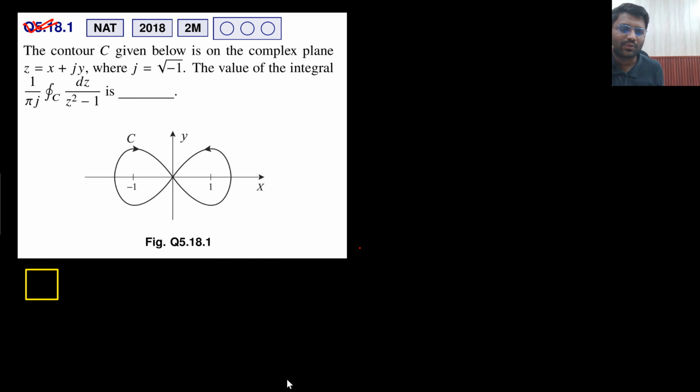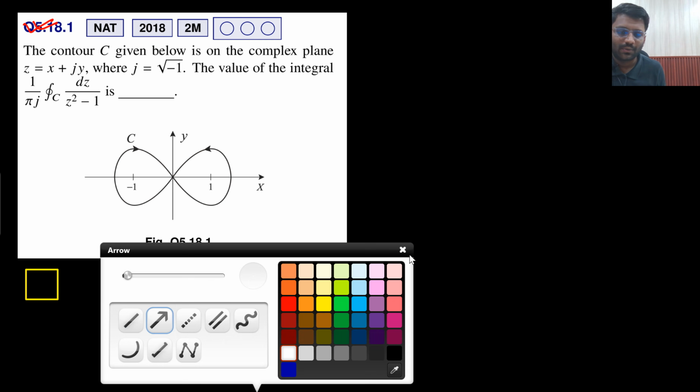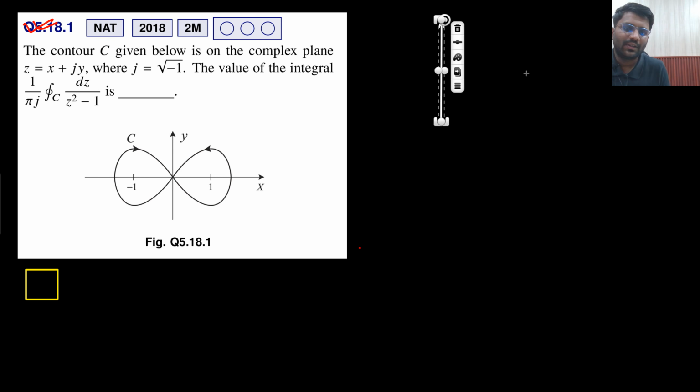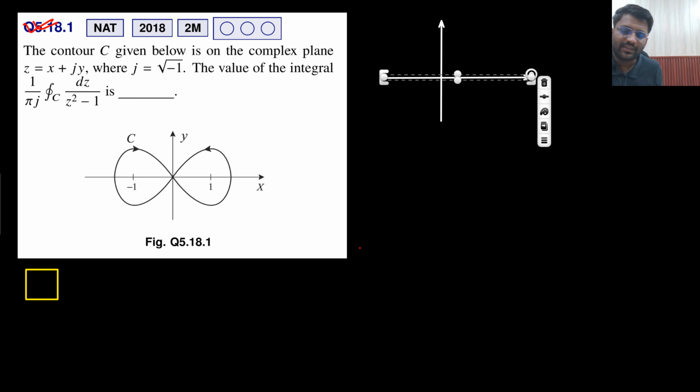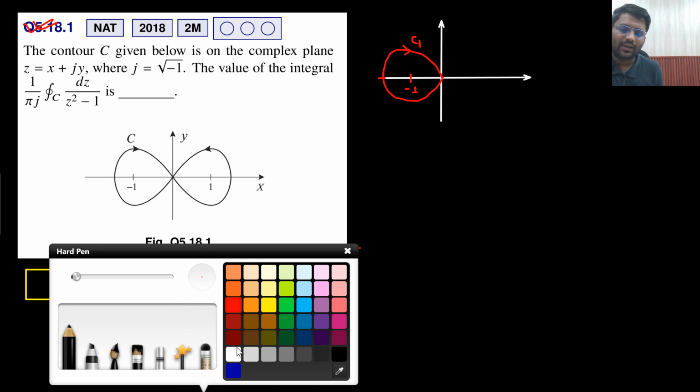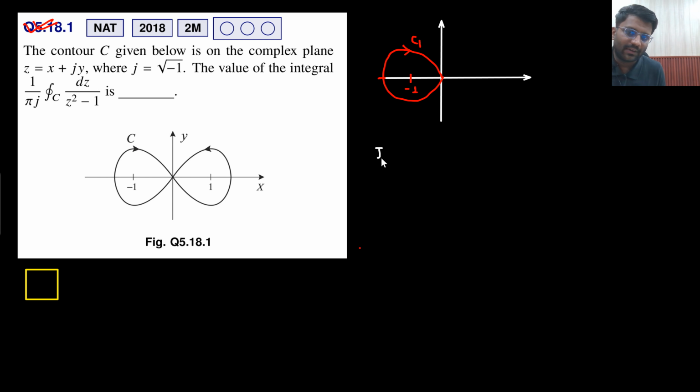I will solve two questions. One question I will solve considering that only this is my region of operation, with -1 here, and I will call this curve C1. So what will I find out? I will find integral I1. What will be my integral I1?